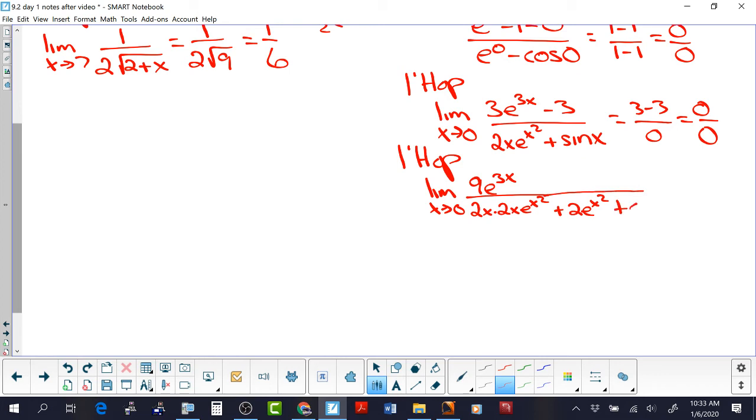And then plus cosine of x. The good news is we're plugging 0 in. Plugging 0 in is usually pretty easy. Don't have to worry too much about negatives and all that. So this is usually pretty easy. Excuse me, I should do the top first. 9 times 1. That'll be 0 for the first piece of the bottom. 2 times 1, and then plus 1. Cosine of 0 is 1. So 9 over 3. 3.